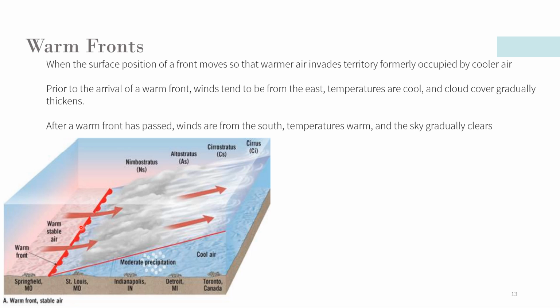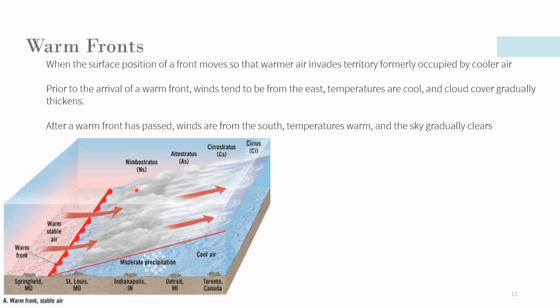As warm air ascends over the retreating wedge of cold air, it expands and cools adiabatically. As a result, moisture in the ascending air condenses to generate clouds that may produce precipitation.